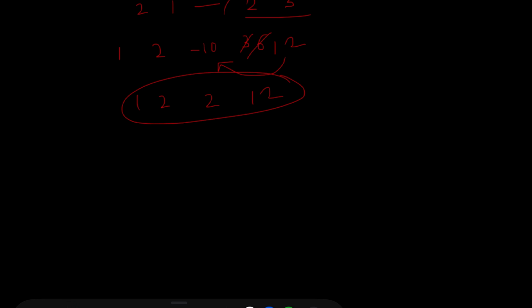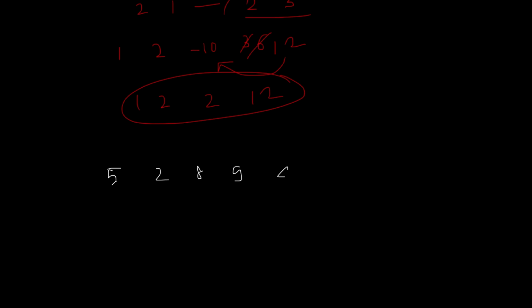So what if all the integers are positive? Let's say we are given an array like this: 5, 2, 8, 9, 4, 6. So this is the array. Now, what you can think is that here 2 is smaller than 5, so 2 must be increased. Then you might think of adding 8 to 2, so it will become 10.